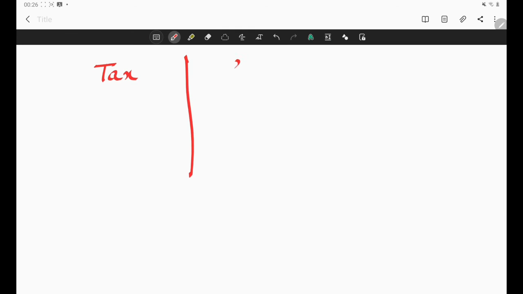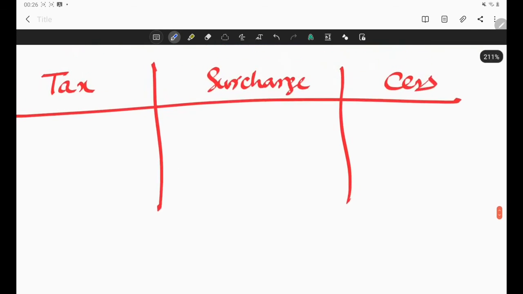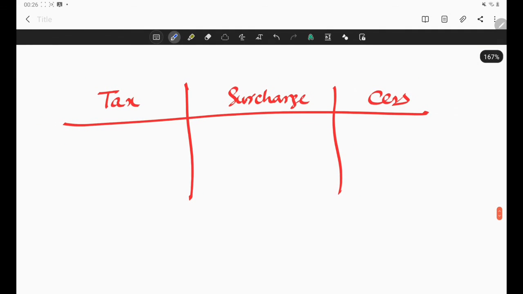So again, let me explain. This is tax, there is surcharge, and there is cess. The first main difference is taxes will be shared with states, but surcharge will not be shared.